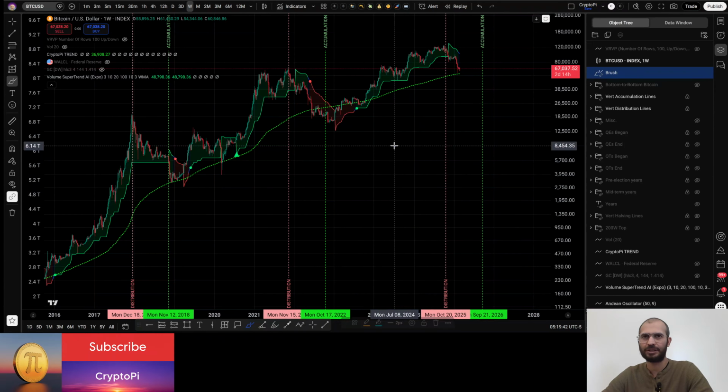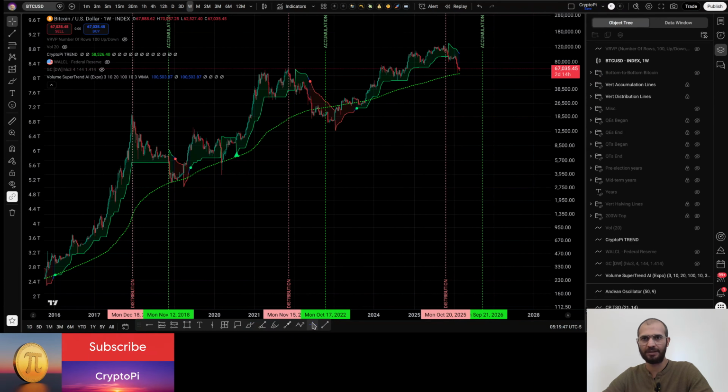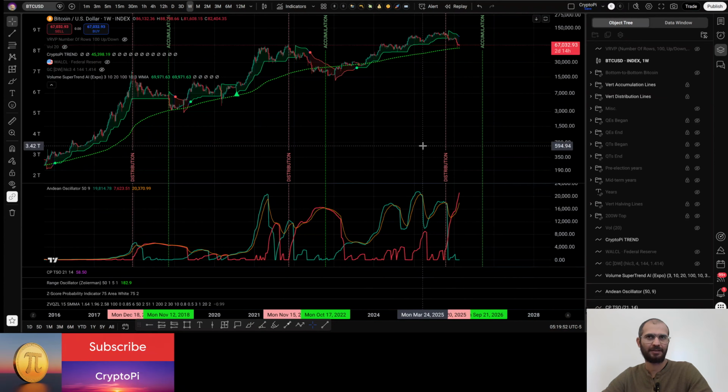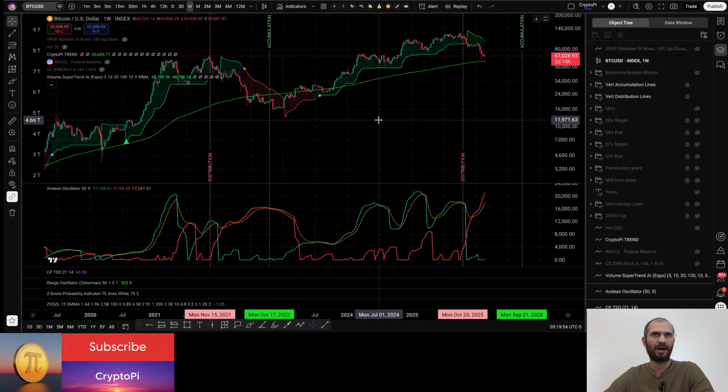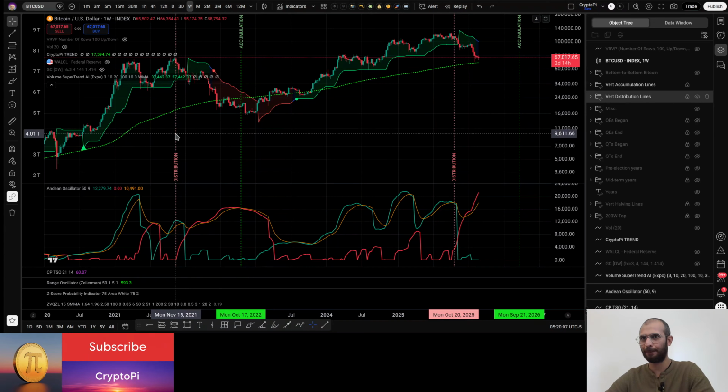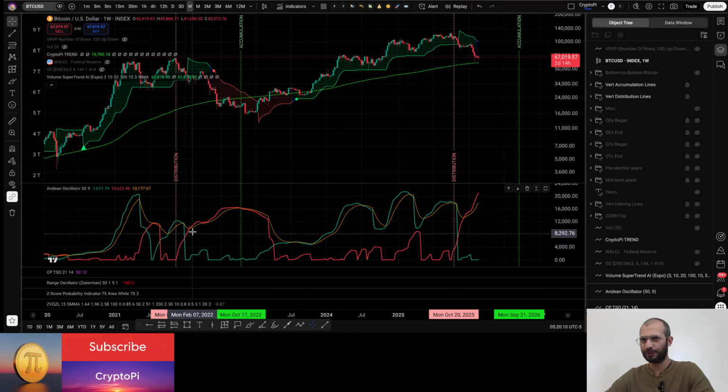Another indicator which we discussed in a previous video was the Indian oscillator. I want to bring it up again and see how it has confluence with the supertrend indicator. In the midterm year, or one can say after the price has crossed the distribution line, the bearish component of the oscillator remains strong compared to the bullish component.